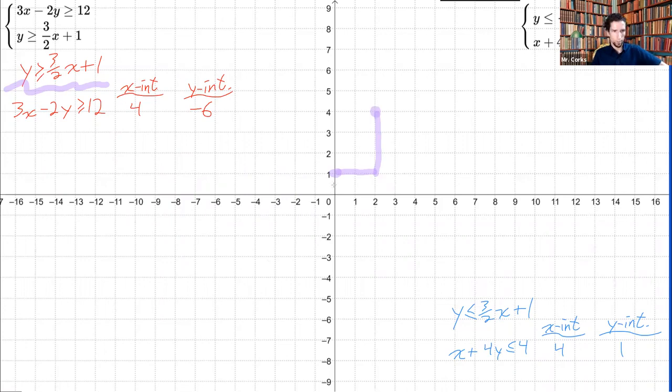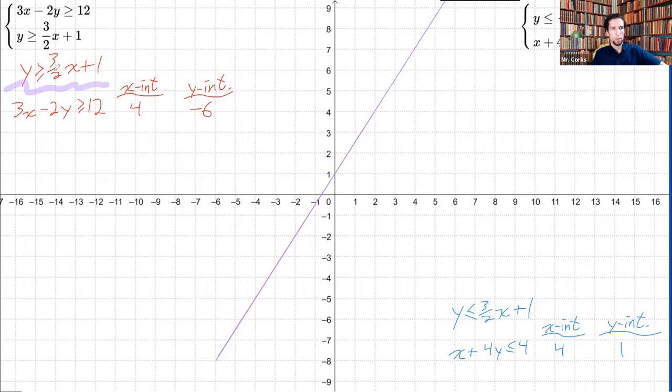We can graph the line from that. It's going to go down this direction to here. Like this.